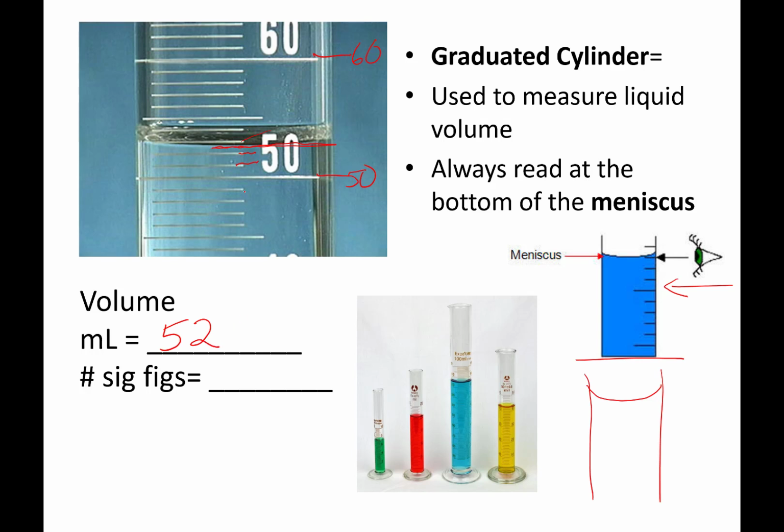So you might say 52.8, and your colleague might say 52.7, and a colleague might say 52.9. All of those are acceptable. What if somebody said 52.75? Is that allowed? Nope, not allowed, because you are guesstimating too many digits. How many sig figs? 3.